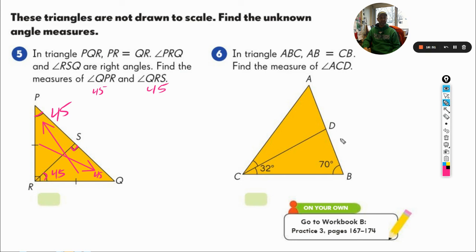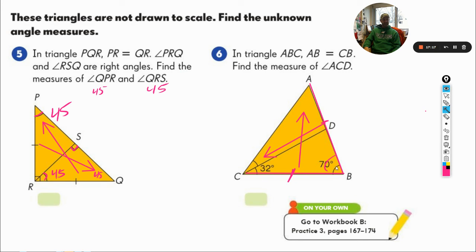AB equals CB. Okay, so that's equal to this whole side here. And just so it makes sense to me, because that one line's confusing me, those two are equal. So this is 70, and I have an isosceles triangle. Those angles must be equal, right?